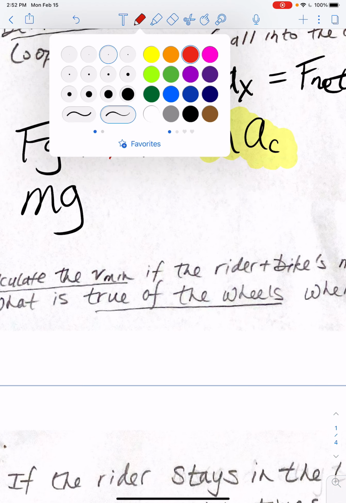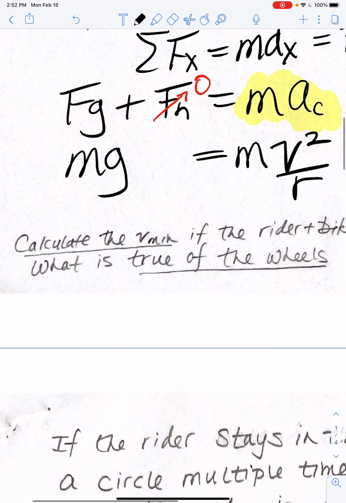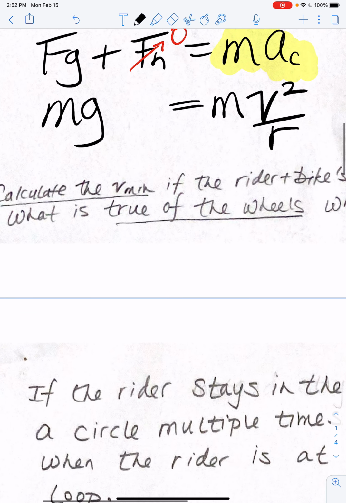And so we just have mg then is equal. I mean, if you really want to write the 0 in there, you can, plus 0. mg is equal to m times v squared over r, right? So something like that. And you should notice now, something that's pretty amazing to actually see, is that it doesn't matter how much the bike's mass or the rider's mass is, right?